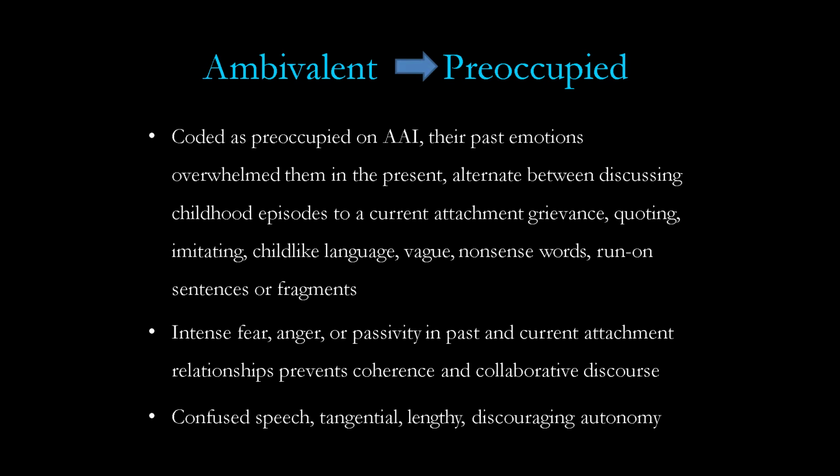They would alternate between discussing childhood episodes and discussing a current attachment grievance. They would quote, they would imitate, sometimes use childlike language or even vague nonsense words. There would be run-on sentences and fragments, and it would really pervade the transcript of the interview.